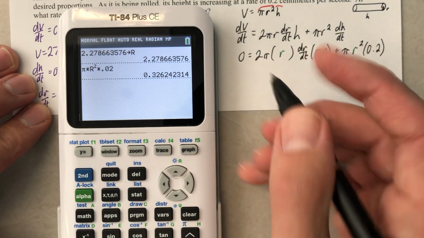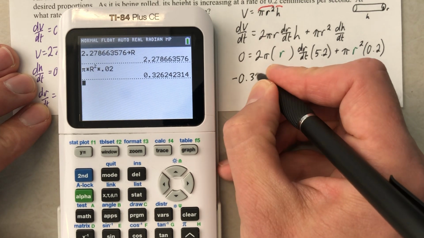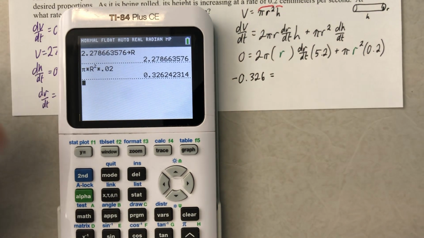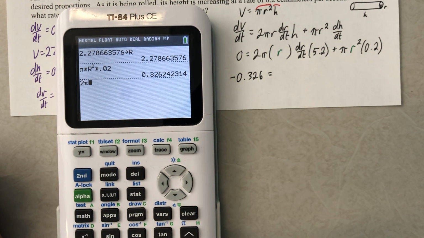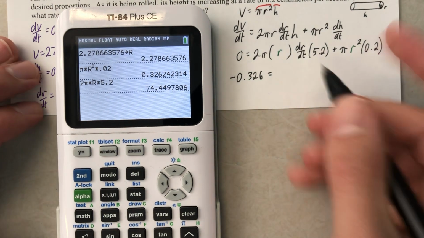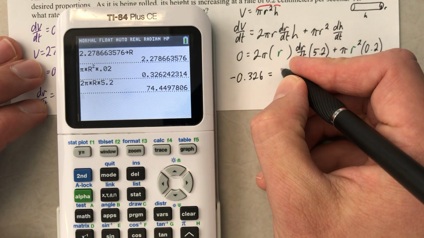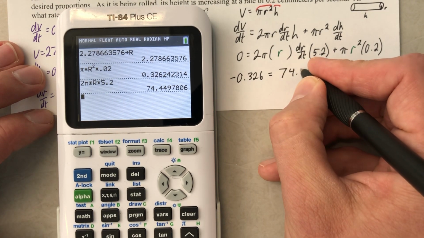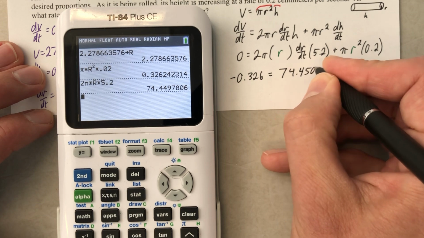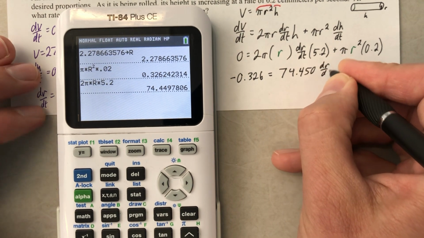We're going to bring it to the other side, so negative 0.326 is equal to 2 times pi times my radius, times 5.2, and it is 74.450 times dr/dt.